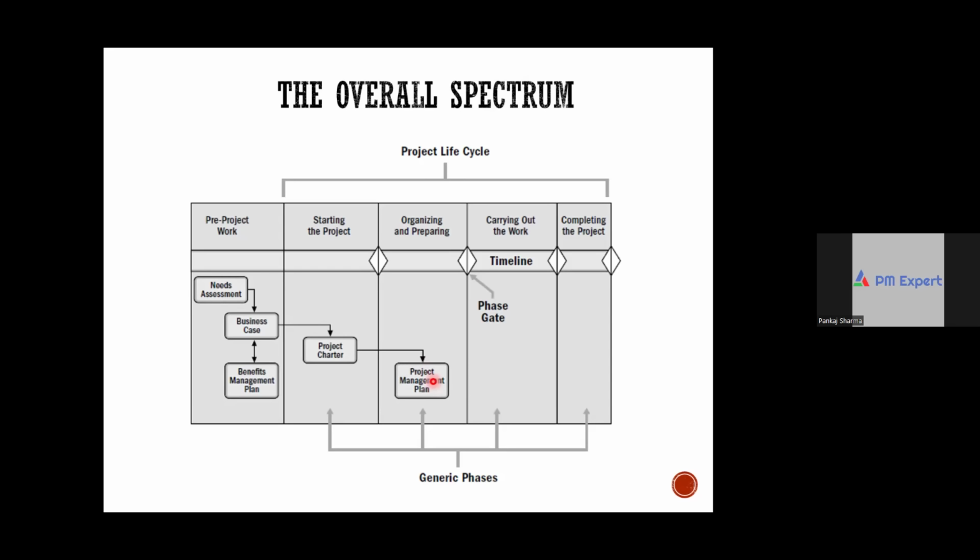It will also contain the approaches for managing the project. In this document, you will define which type of life cycle you will follow for the project. Will you be following predictive, incremental and iterative, or a hybrid process, right? And the execution of the project should be based on this project management plan, right?